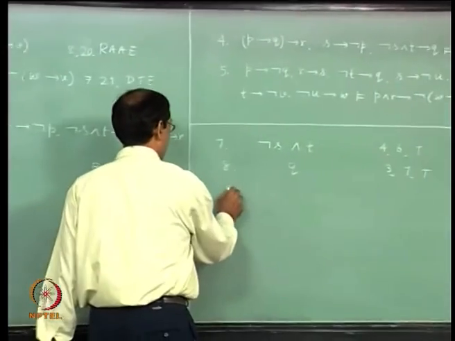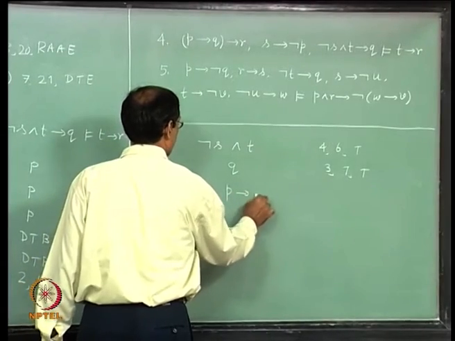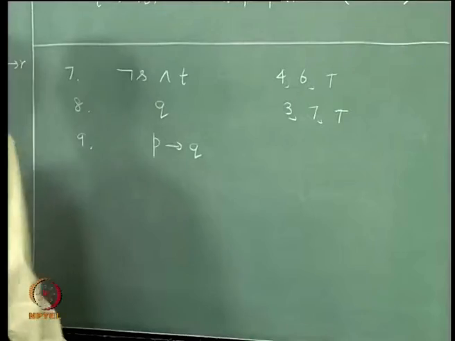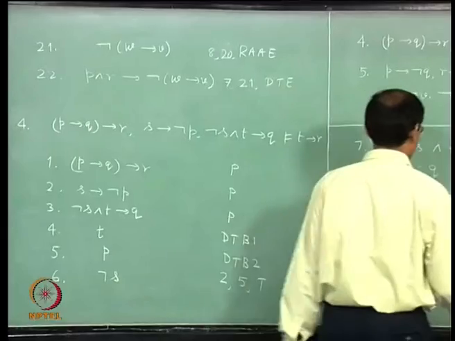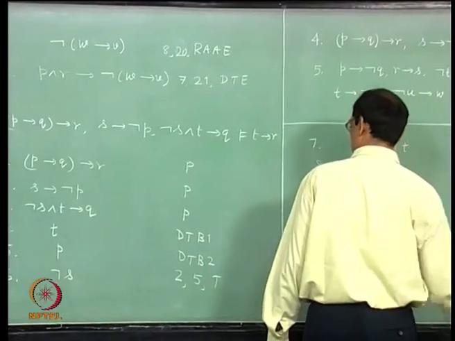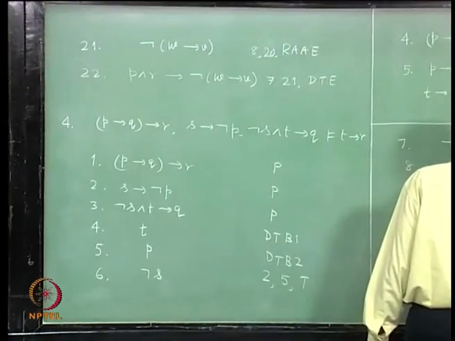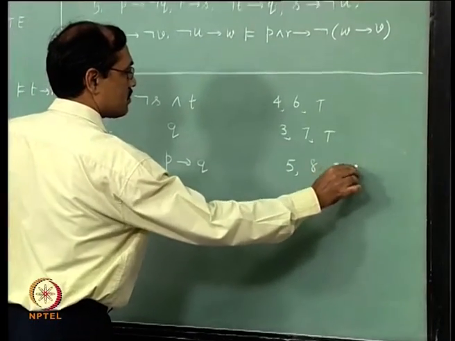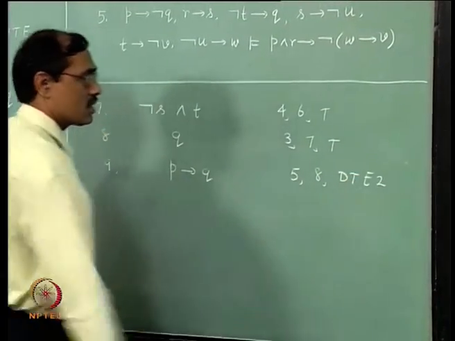So, we write 9 as P implies Q and document that the premise was introduced in line 5. So, 5, 8 deduction theorem ends here, its second instance.